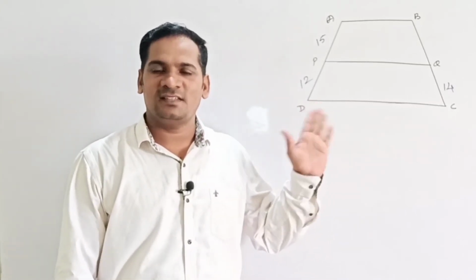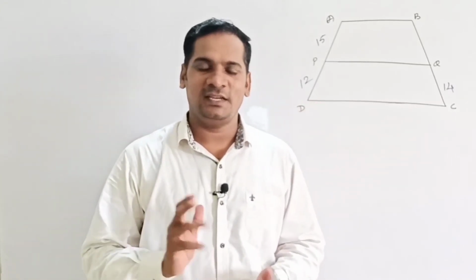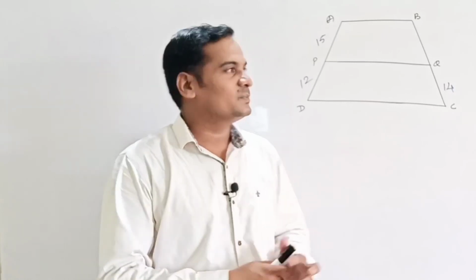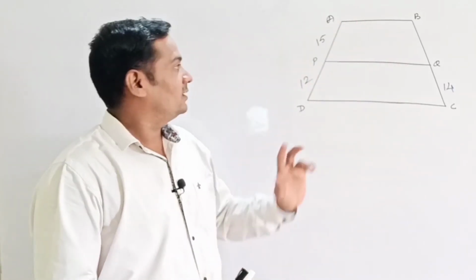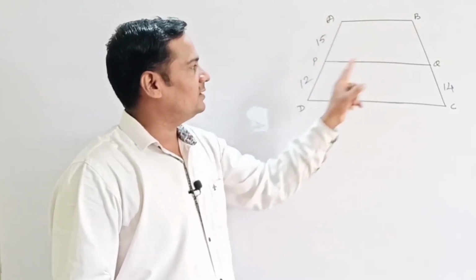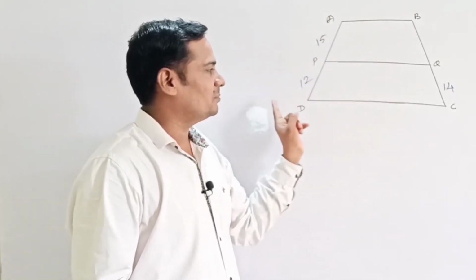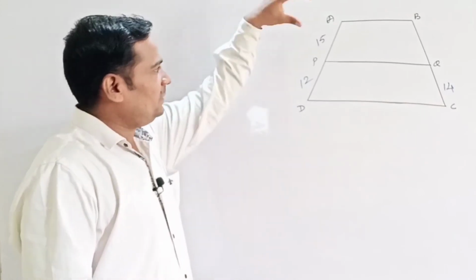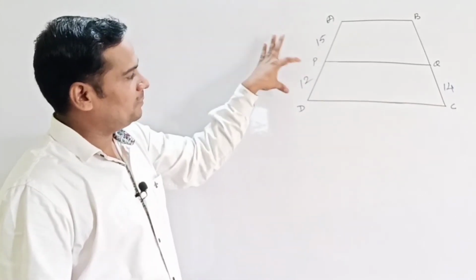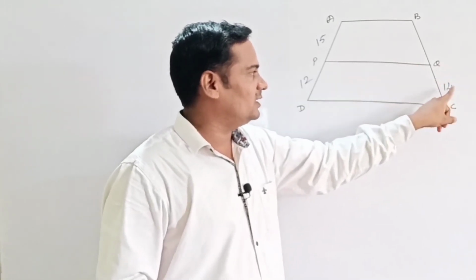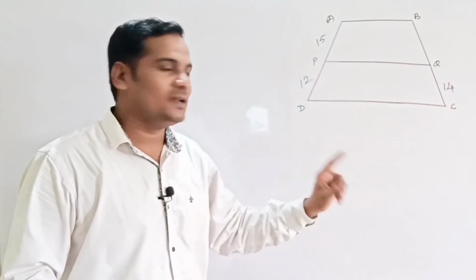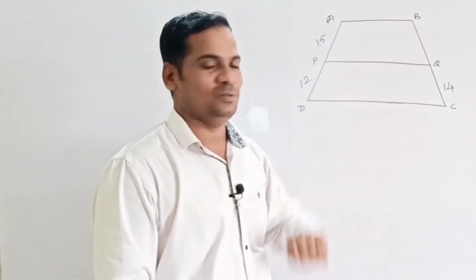Now this is the fifth example from practice set number 1.2. In this, ABCD is a trapezium and segment AB is parallel to segment PQ, which is parallel to segment DC. If AP is equal to 15, PD is equal to 12, and QC is equal to 14, then the question is to find the length of segment BQ.